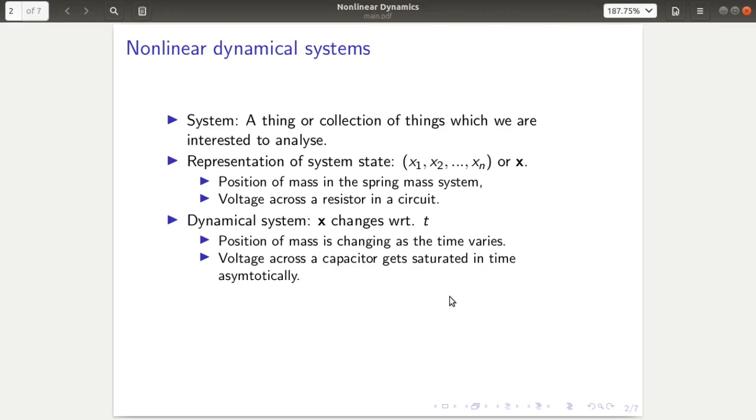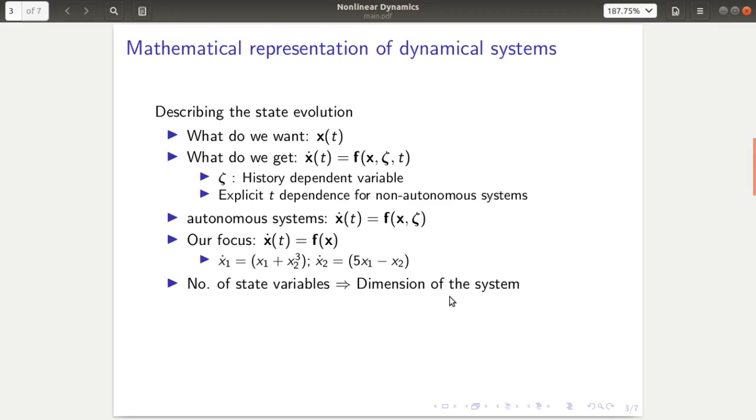Now, in order to understand how the system evolves with respect to time, what I want to know is how the state variables are changing with respect to time. Basically, I want to have my state variables as a function of time, like this.